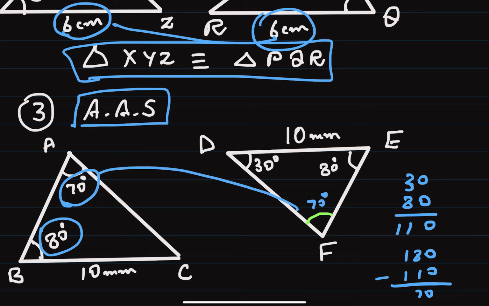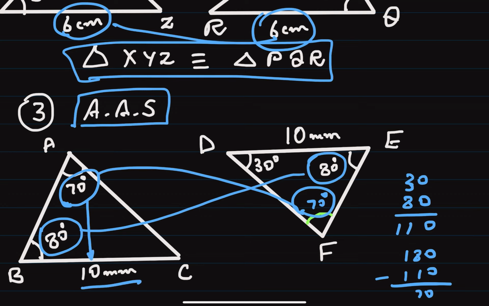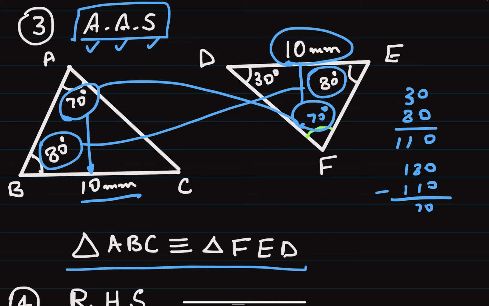So one angle is 70, the second angle, this 80, is equal to 80, and the side opposite to the 70 degree is 10 millimeter, and the side opposite to this 70 degree is also 10 millimeter. That means if two angles and one side are equal in two triangles, then you can say that these triangles are also congruent, right?